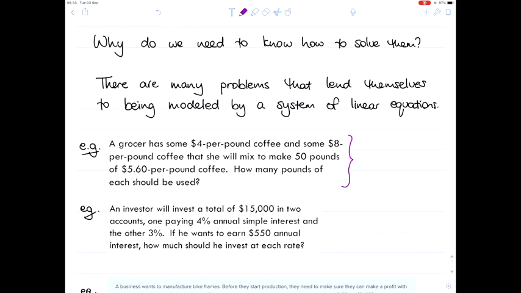A grocer has coffee at some particular price and also some more expensive coffee, and she wants to make a certain amount of coffee that she can sell at a particular price, and you want to figure out how many pounds should be used. Now this is a toy example, but in fact many chemists when they are making solutions and things, use linear algebra, because this can be solved using linear algebra, as we'll see.